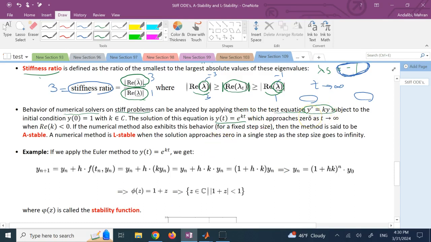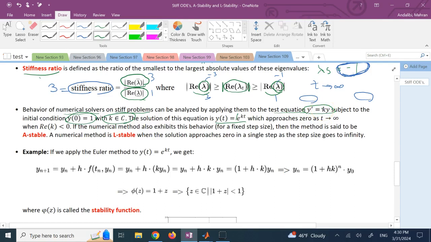Assuming that this k has a negative real part. This k in general could be a complex number. And to make it simpler, we assume that y of 0 equals 1. So the initial condition here is simply 1. So we know the exact solution of this simple ODE for a specific k.